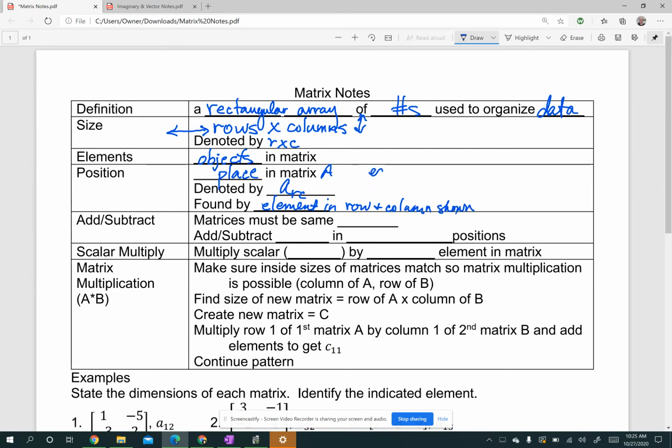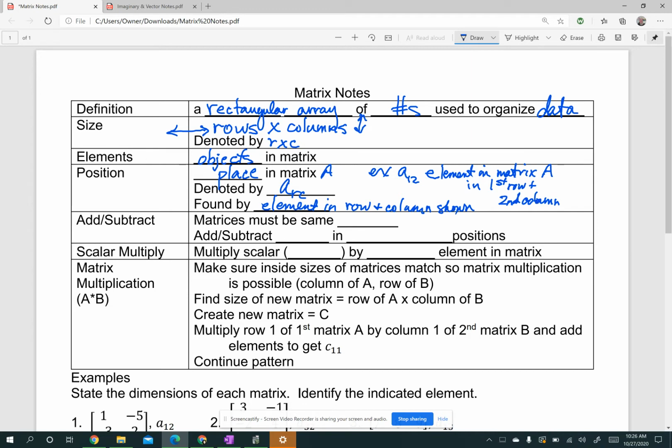So, for example, if I said A12, it's the element in matrix A in the first row and second column. Okay.